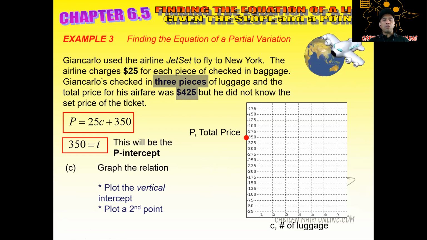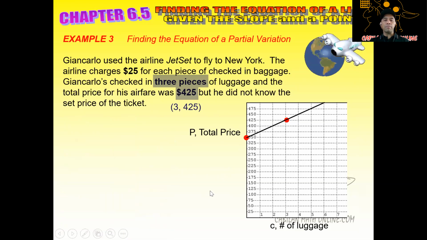It tells us that 3 pieces of luggage, the total was $425, and that included the price of the ticket. So we can plot the point (3, 425), and that's right there. Remember that to draw a line, all you need is 2 points, and then connect those 2 straight through. For this example, make sure that you draw a line that extends, because we will be using it in the next slide.